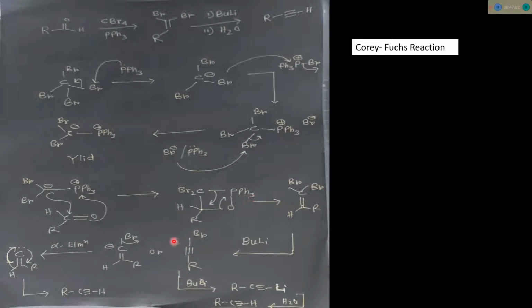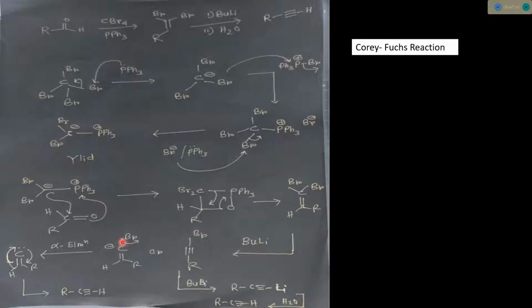In the other one, with butyl lithium, first lithium halogen exchange will occur, so butyl bromide leaves, and butyl minus attacks this bromine, and there is a negative charge.